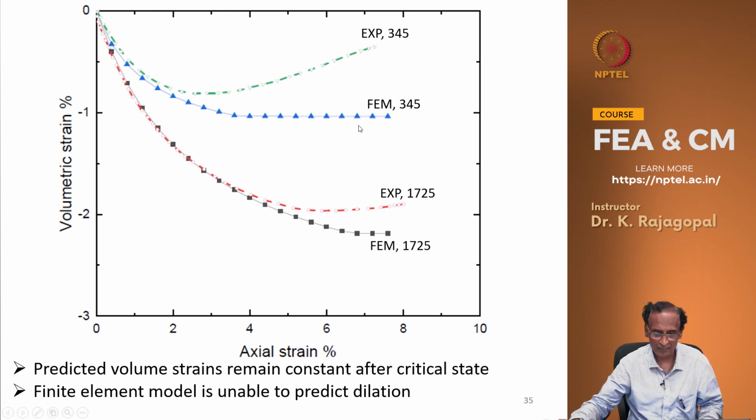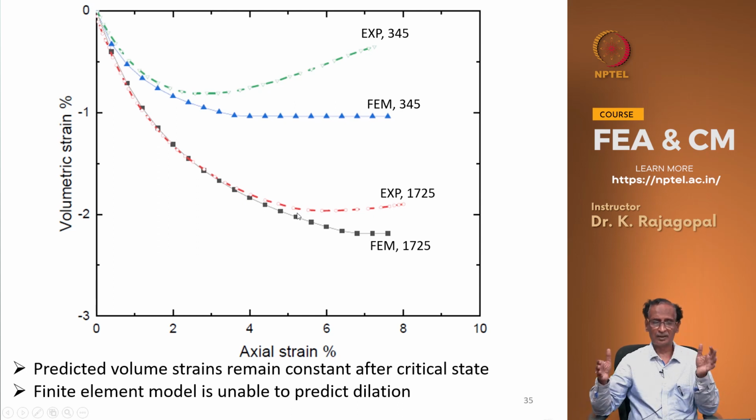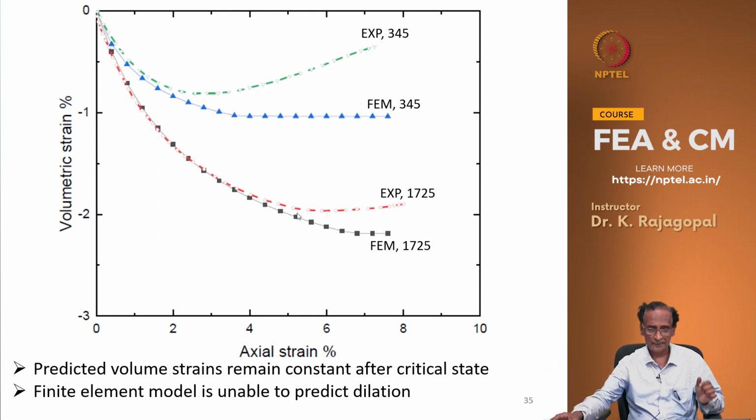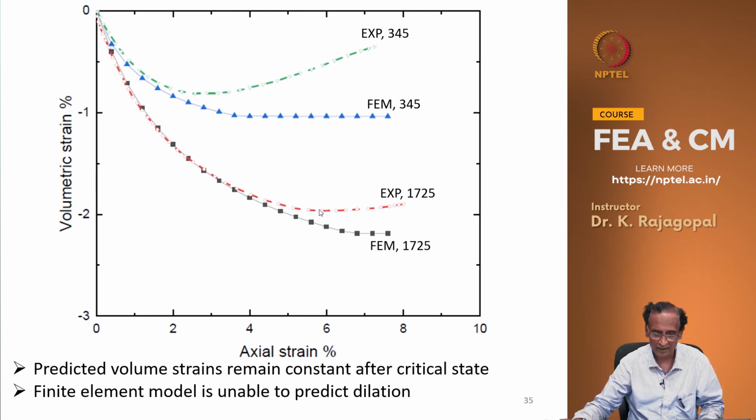So, at a higher confining pressure, because you reach a limit state at a larger axial strain, up to a larger axial strain we have not reached the plastic limit state. So, we get compression even in the experimental data. Then after this, the volume strains have slightly started increasing, but if you look at the slope of this line and this line, there are two different values.